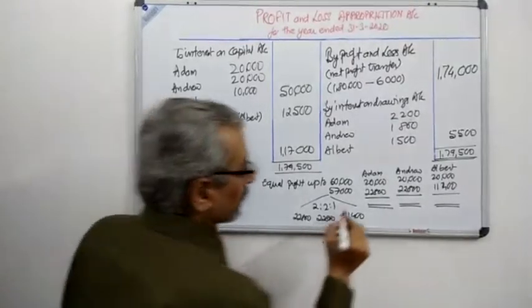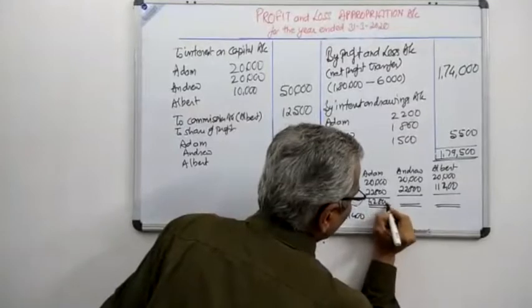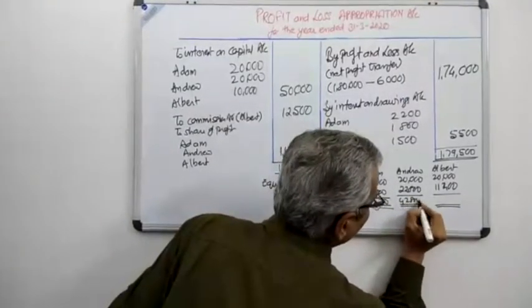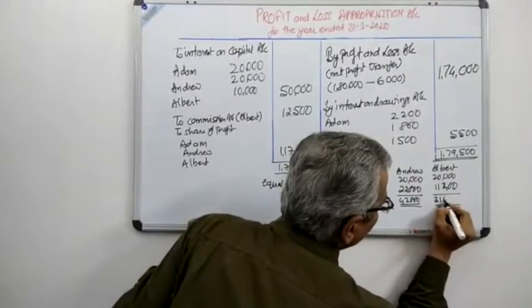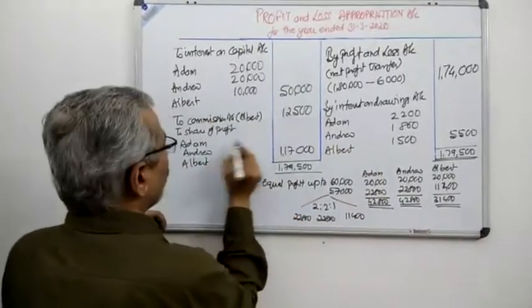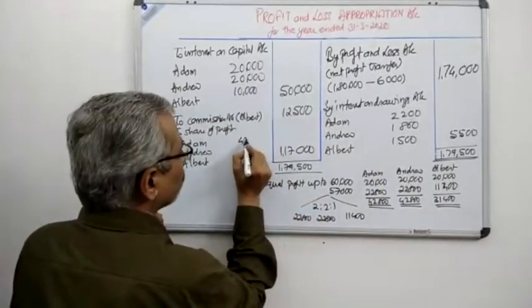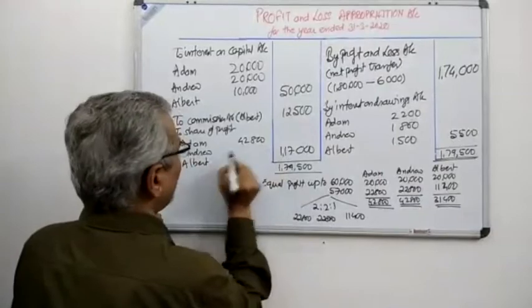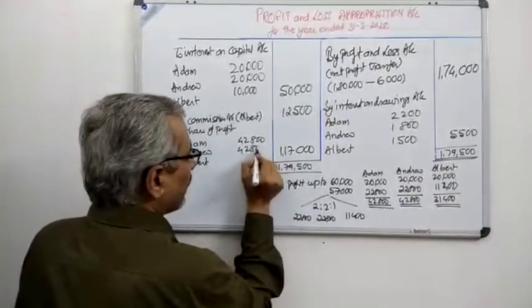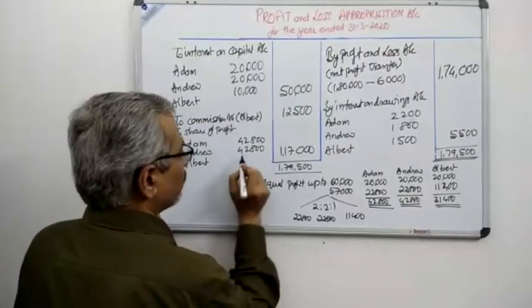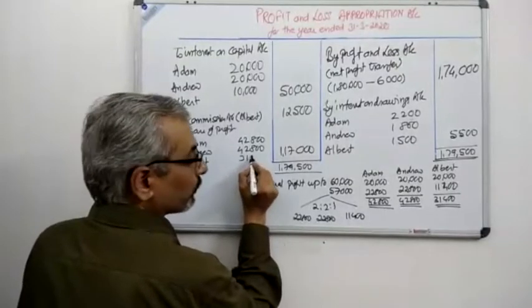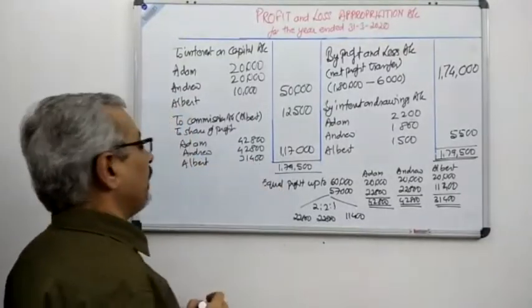So what is it? That is 42,800, 42,800 and 31,400. So the inner column figure is 42,800 for partner 1 Adam, 42,800 for partner 2 Andrew, and 31,400 for partner 3 Albert.